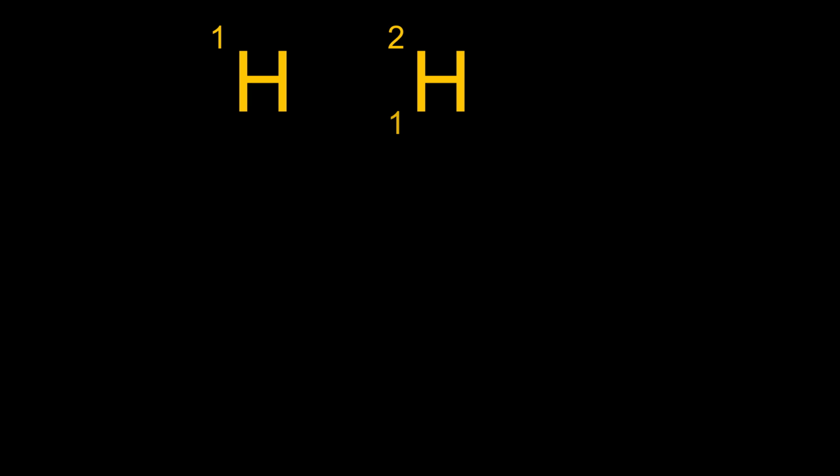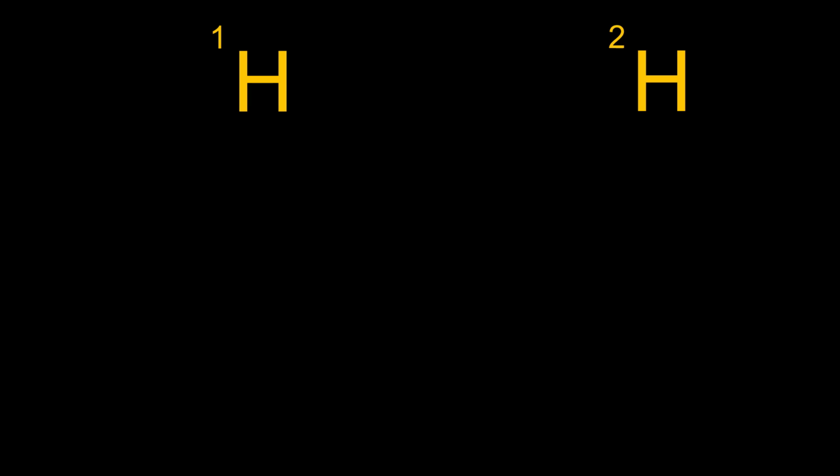Since it's hydrogen, it has one proton, but in this case with two nucleons, and one of those being a proton, the other one must be a neutron. So this isotope of hydrogen in its nucleus has one proton and one neutron, but it's simple enough that we're just going to call it hydrogen 2 and let it go at that.